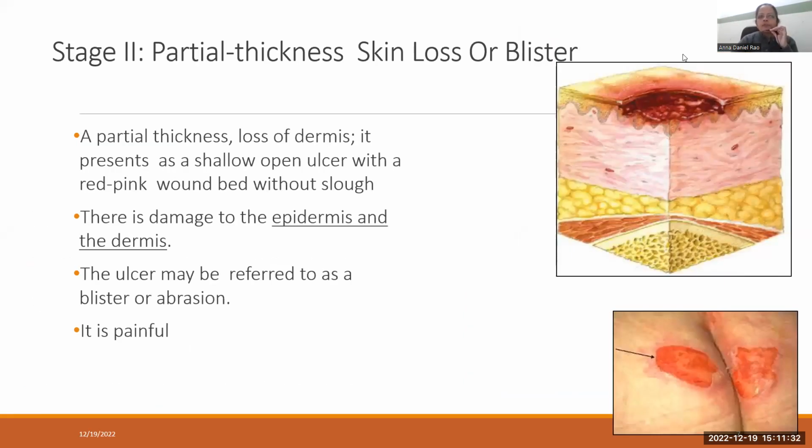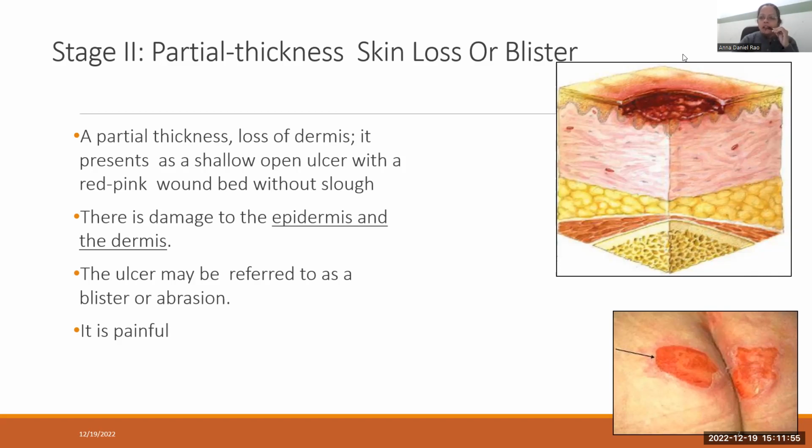Stage 2 is named partial thickness. Many times a blister also may develop. Here what you will see is a shallow open ulcer with red, pink color. A wound will be there.